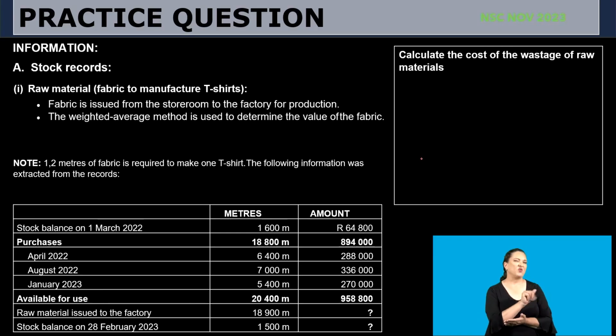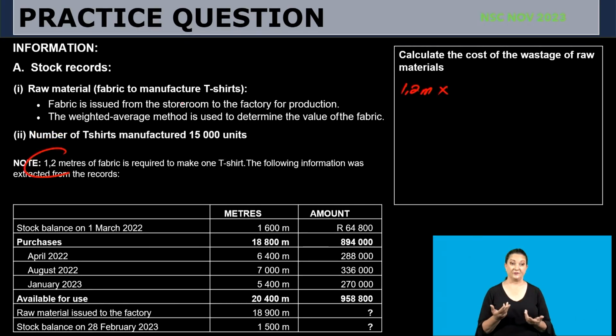Welcome back, dear learners, from the ad break. We have a question here with us, and we are required to calculate the cost of raw materials that was wasted. In order for you to do that, you have to understand that it requires 1.2 meters of fabric to make one t-shirt. So, if it requires 1.2 meters of fabric to make one t-shirt, and we have produced how many t-shirts? We have produced 15,000 t-shirts.